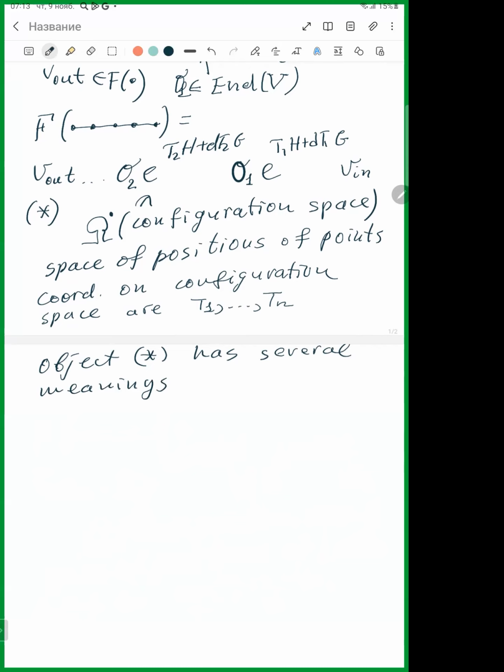And interesting things happen when we change one point of view on the object star to another point of view on the object star.